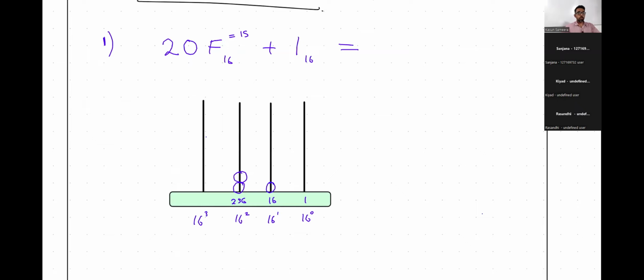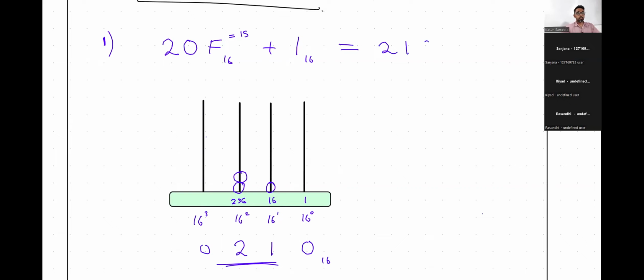Then how are you going to represent the answer, lemma? This answer is 2, 1, 0, base 16. There's nothing. If you want, you can put 0. Okay, then what is the addition? 20F plus 1 will be 2, 1, 0, base 16.